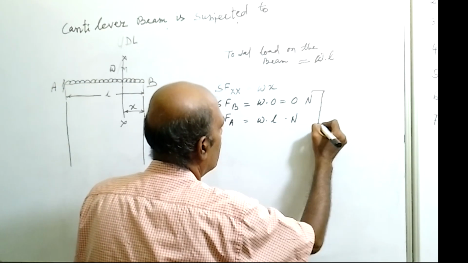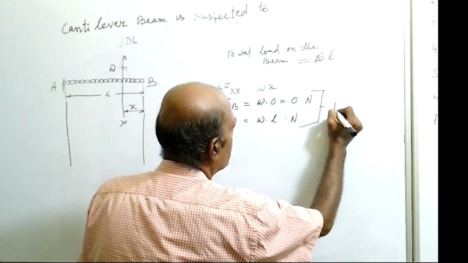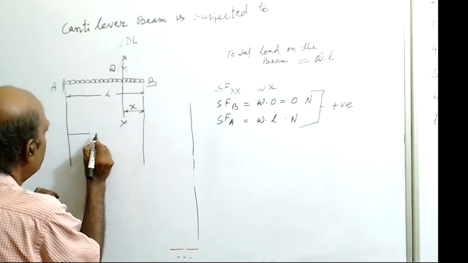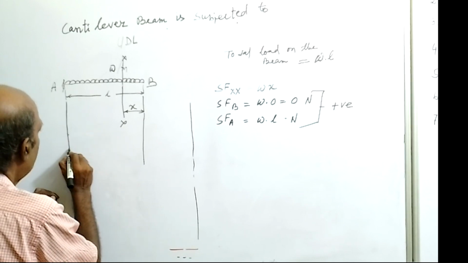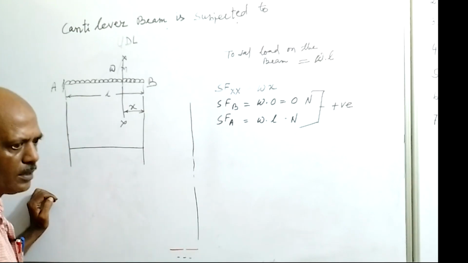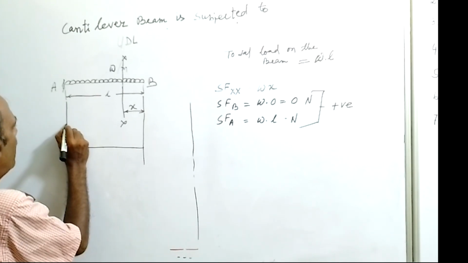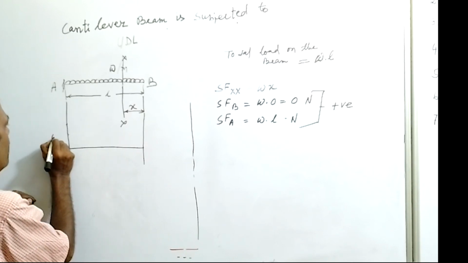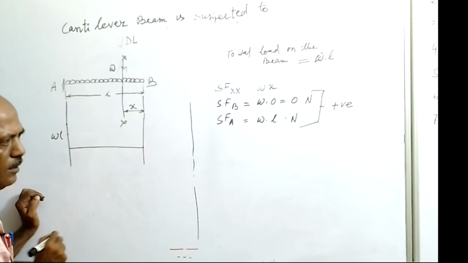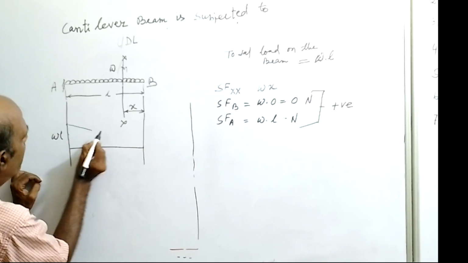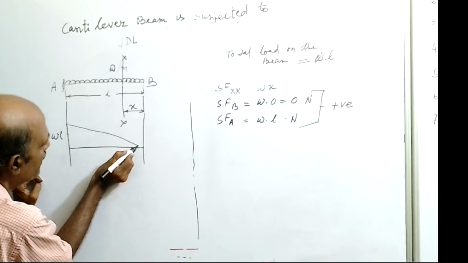All the shear forces are positive in nature. So we will draw the baseline, and at point B shear force is 0, mark the point, and at point A shear force is given by w into L. With some scale you measure this height, wL.